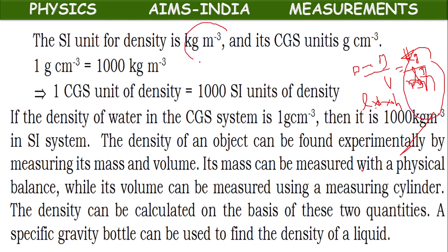So we write kg per meter cube, or kg m to the power of minus 3. This is the SI unit of density.